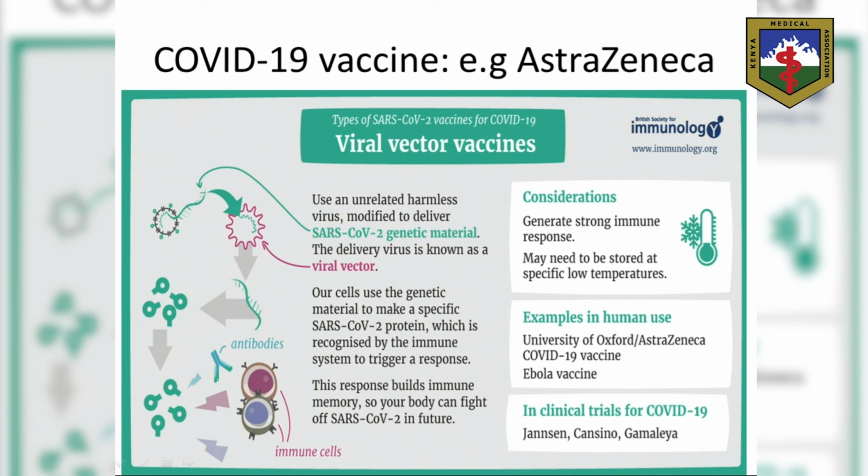When it delivers the genetic material, it interacts with the body cells to make a specific COVID-19 spike protein, which is recognized by the immune system to trigger a response. This response builds immunity and keeps the memory. So once you are infected with the actual COVID-19 virus, the body fights against that virus.